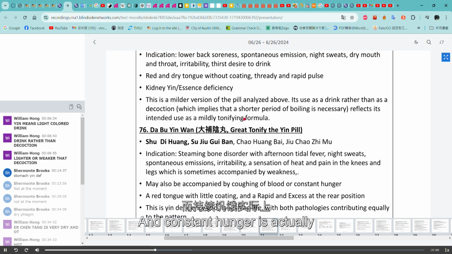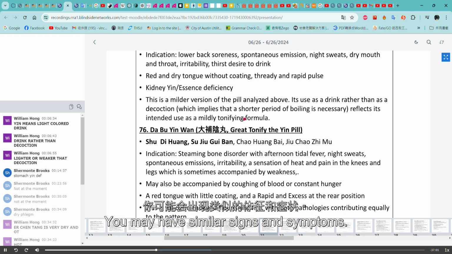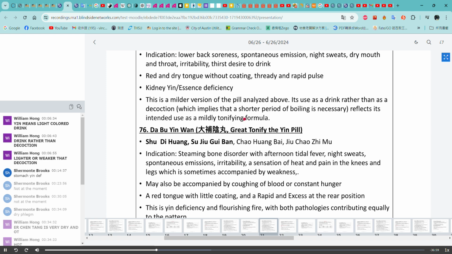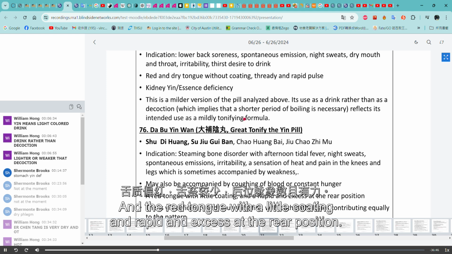And constant hunger is actually a stomach fire condition, but in this case it is fire due to deficiency. You may have similar signs and symptoms. So we can tell this is deficiency, but heat is also very, very strong, deficiency fire. And the red tongue with little coating and rapid and excess pulse at the rear position.